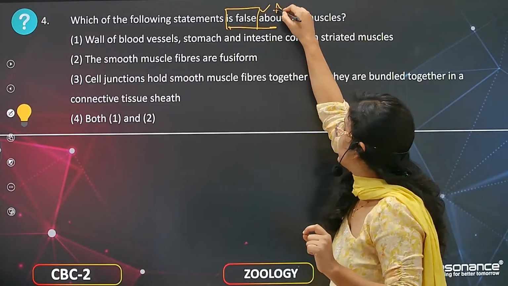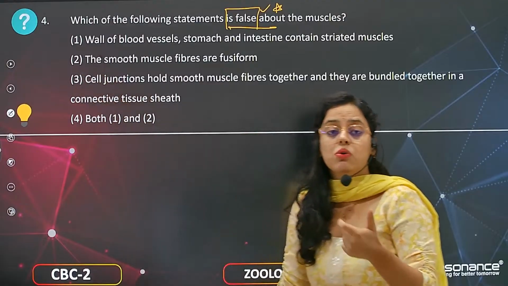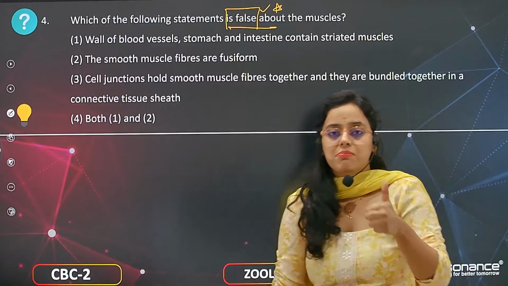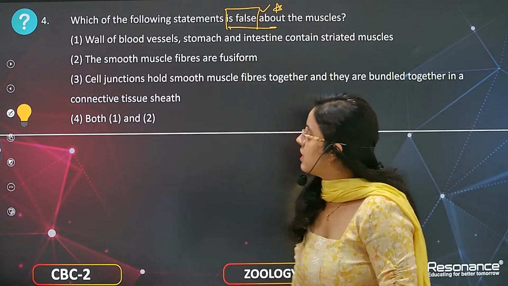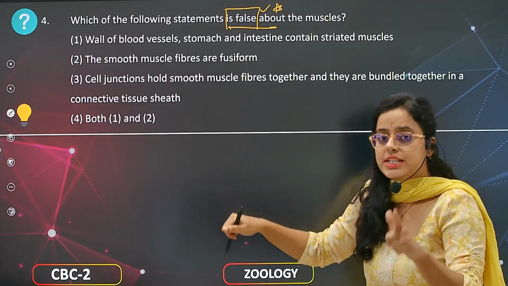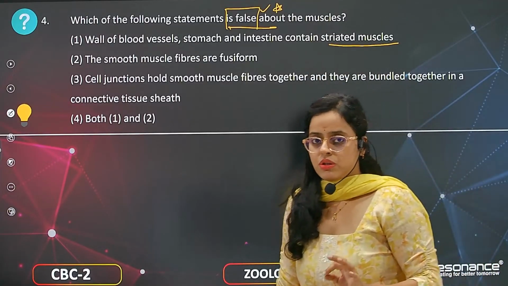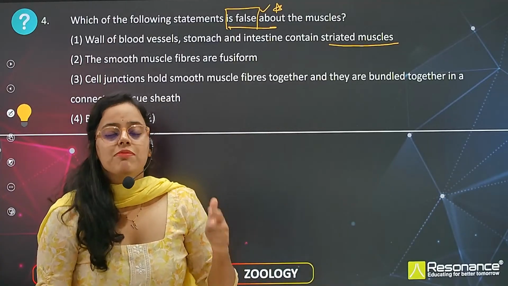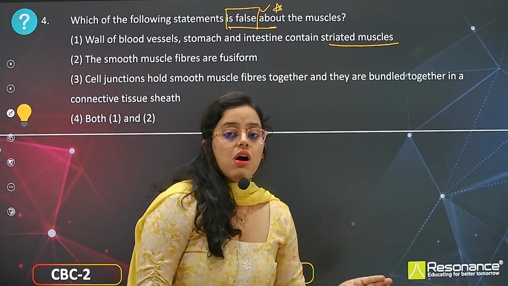Because we generally get confused with the right and mark it as correct, and it will go to negative marking. So the first option is that the wall of blood vessels, stomach and intestine contains striated muscles. Is it true? No, because the stomach, intestine and walls of blood vessels are made up of smooth muscles, not striated muscles.